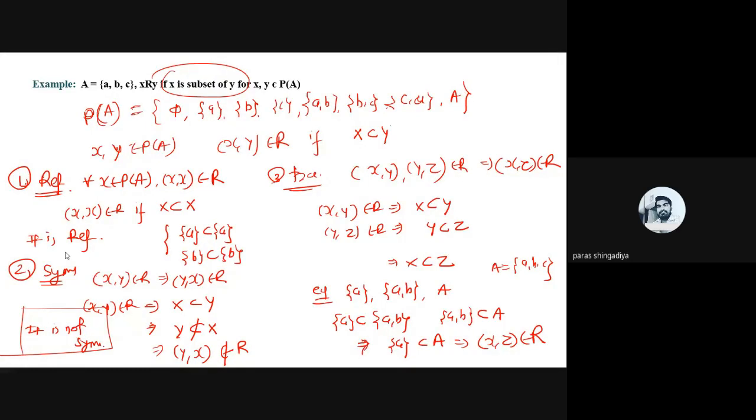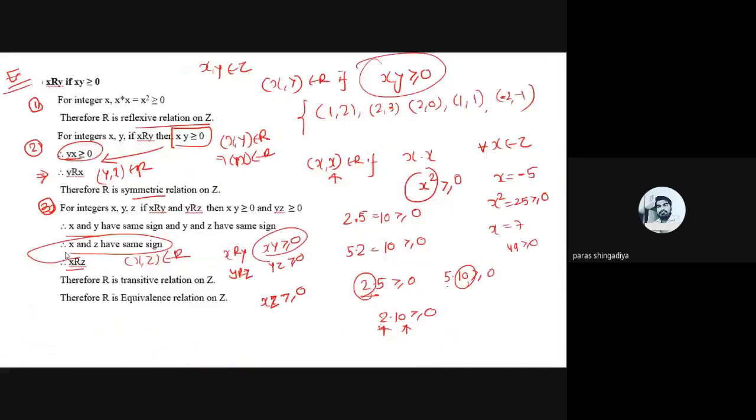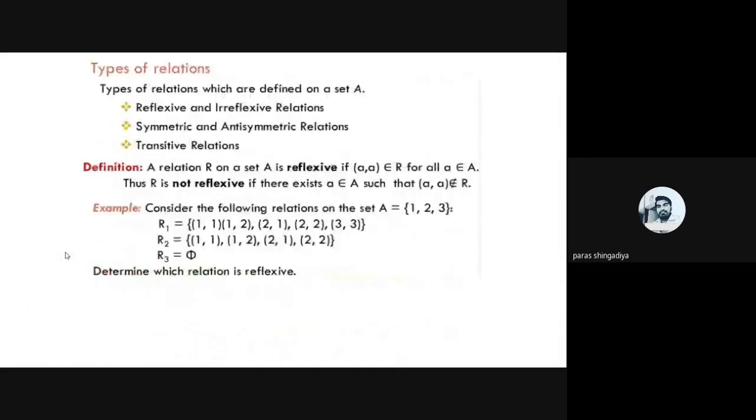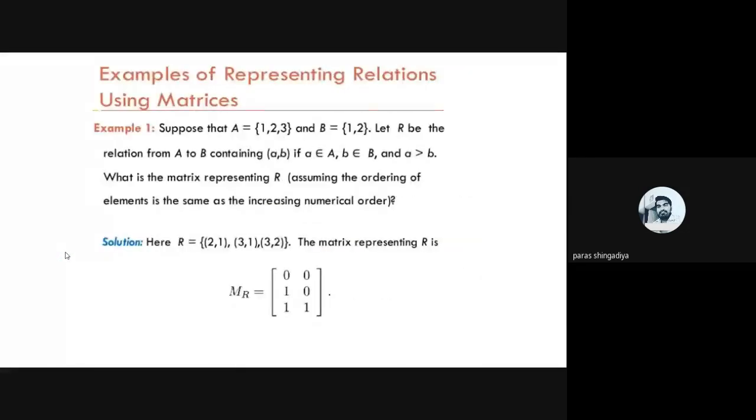And now in the next lecture we'll start the matrix part again. In the first and second lectures we discussed matrix theory, the representation of relations using matrices. We'll extend this theory using the relation forms: reflexive, symmetric, transitive, antisymmetric, and we'll identify which type of matrix is known as a reflexive matrix, which type is called a symmetric matrix, which type is called a transitive matrix, and so on.